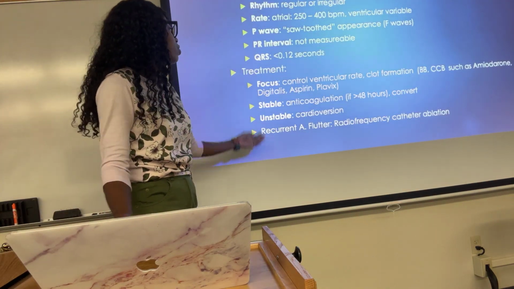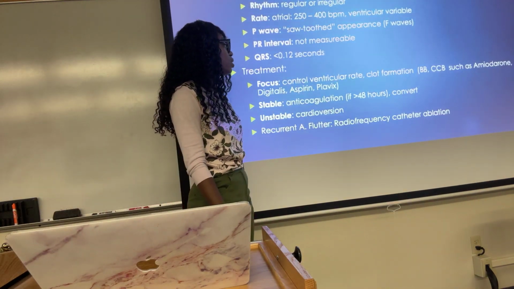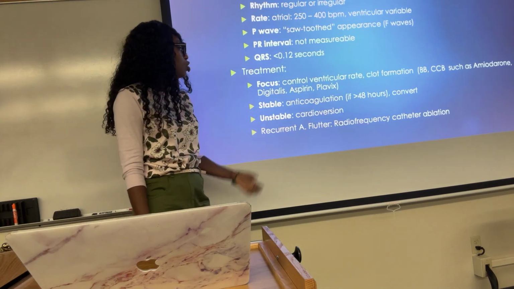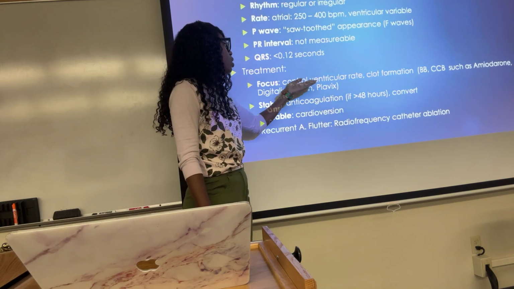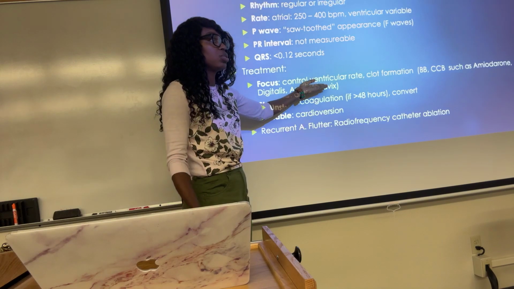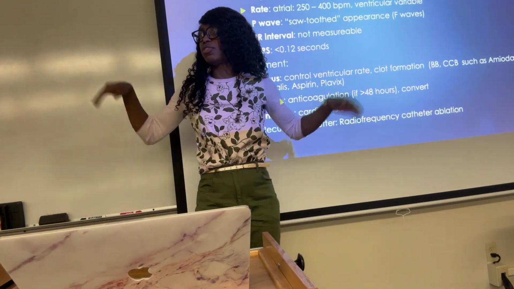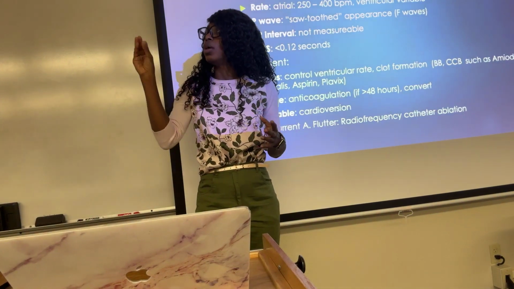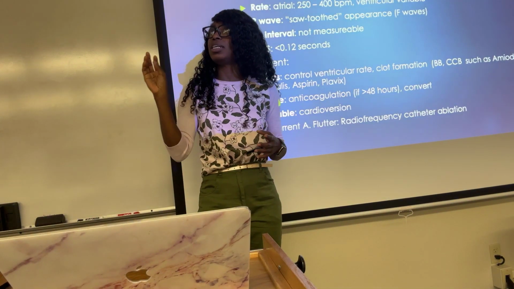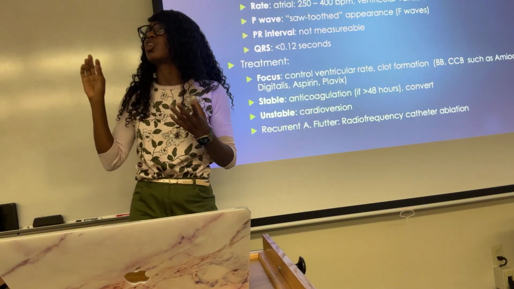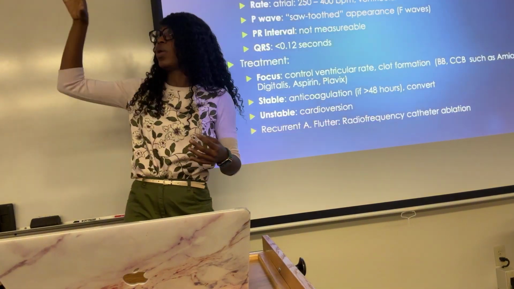So how do we treat it? Focus: control ventricular rate and clotting formation. We're trying to not let it get to the ventricles because the ventricles shouldn't feel it. The problem is it's fluttering like this. It's not exactly a quiver, but it's close to a quiver. It's not contracting the way it's supposed to.